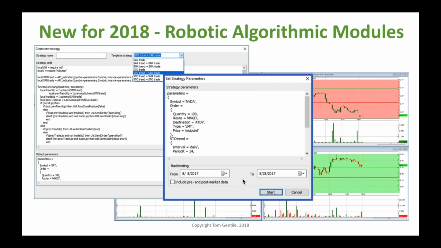This was added in 2018, and we started testing it at the end of last year. It is robotic algorithmic modules for TradeStream, where you can go in and program your own buy and sell signals right there within TradeStream. And by the way, with the right brokerage firm attached, and TradeStream actually links in with several brokerage firms, it will allow you to actually trade those signals, right?